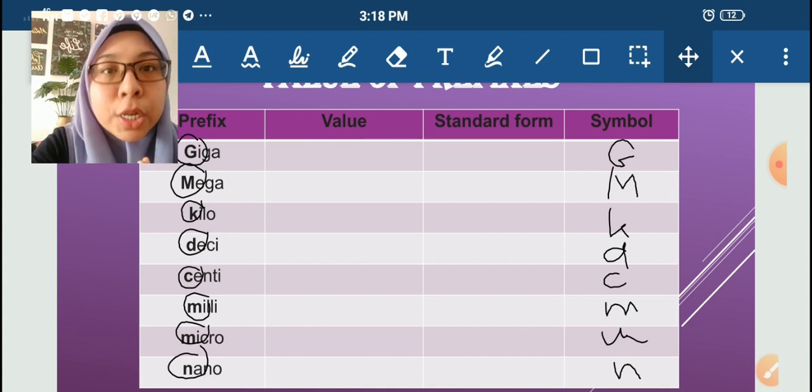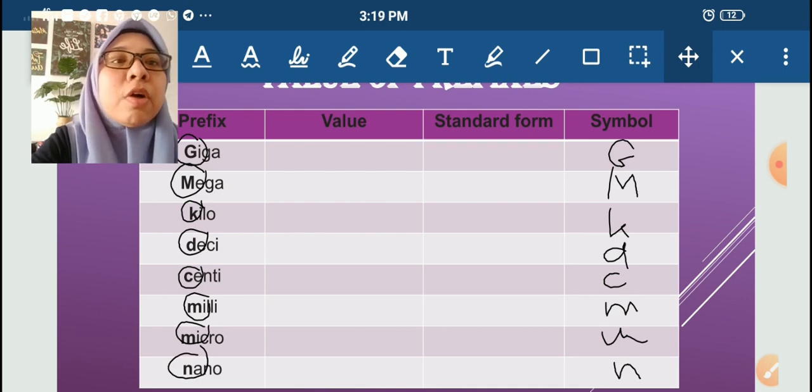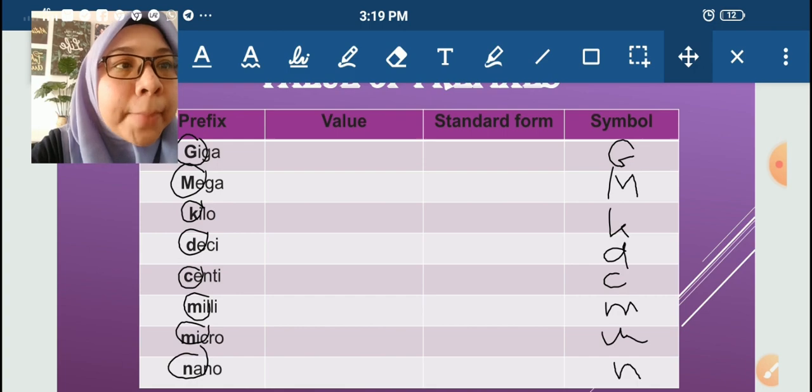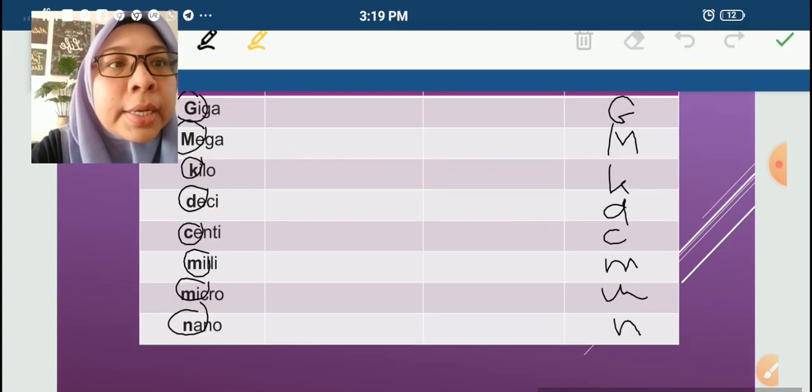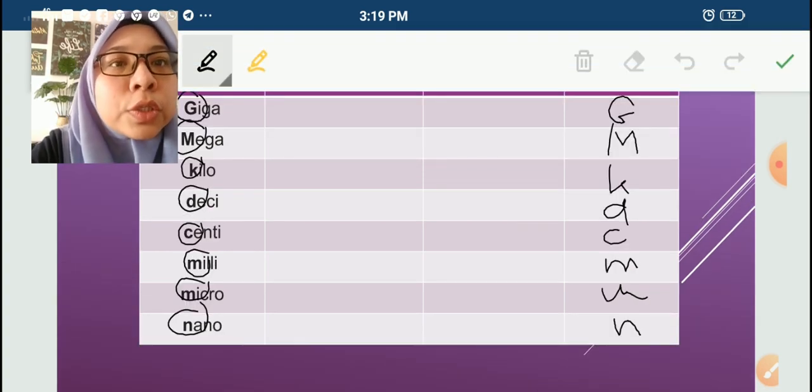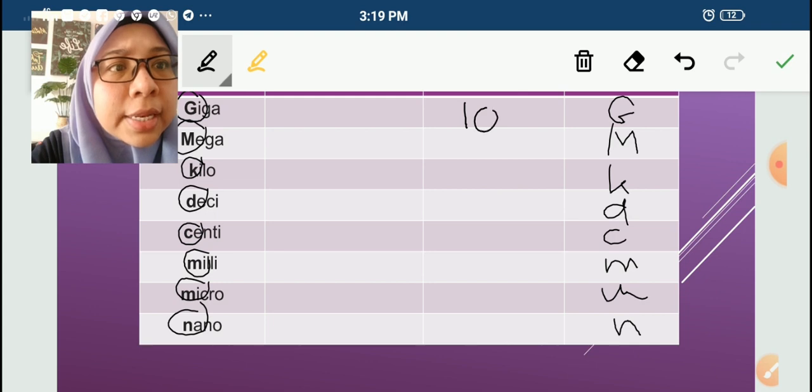For the values, we just use multiples of 3. Firstly, we write 10 for all values.